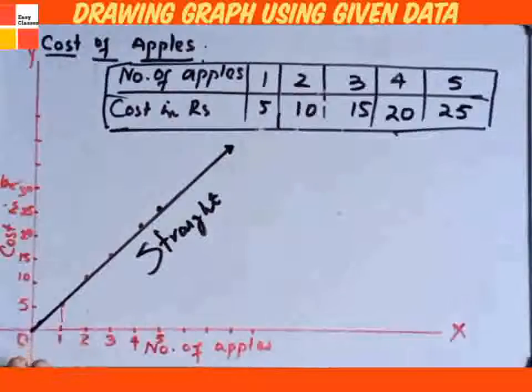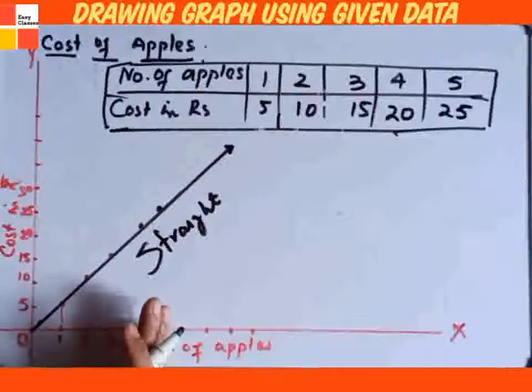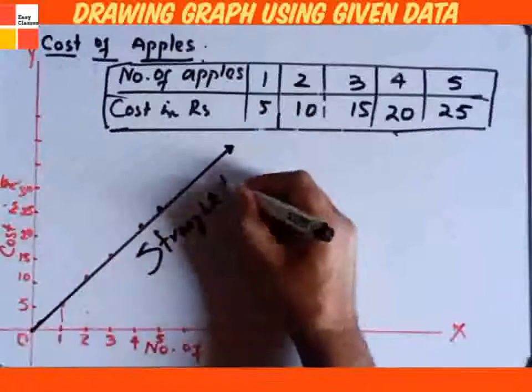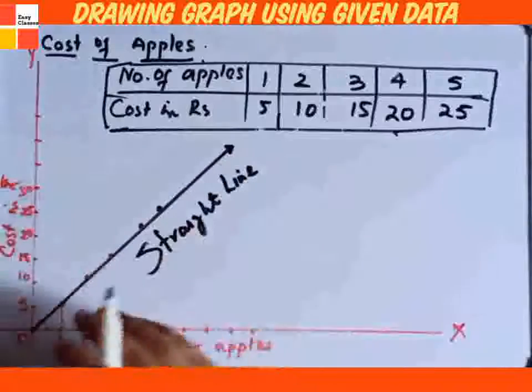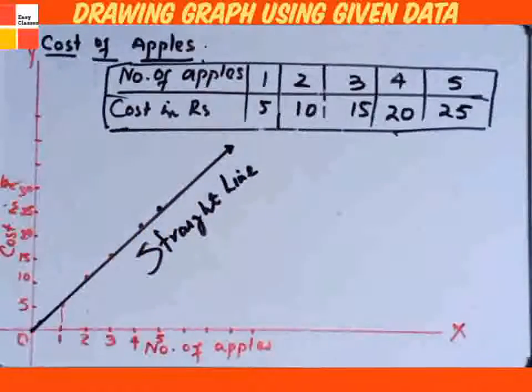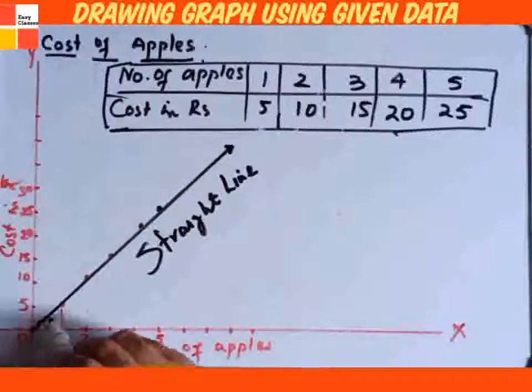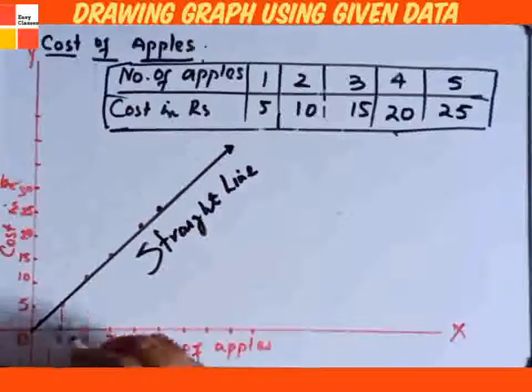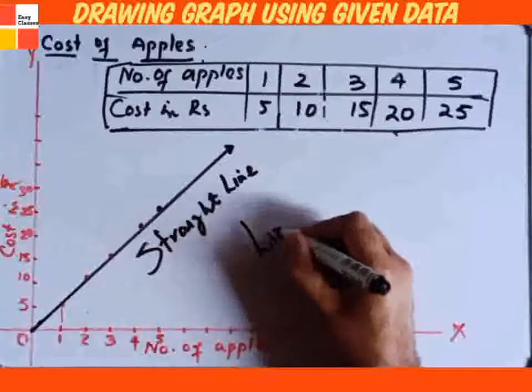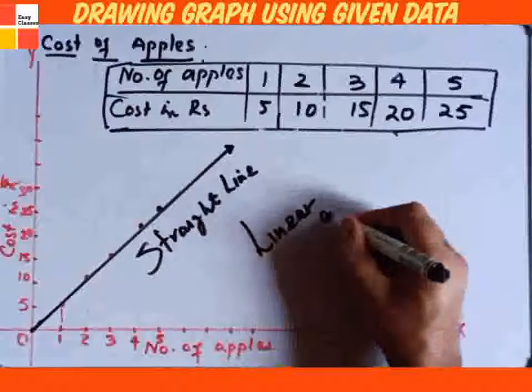The cost of apples is the dependent variable; it depends upon the number of apples. As the number of apples increases, the cost also increases. And a graph in which we get a straight line is called a linear graph.